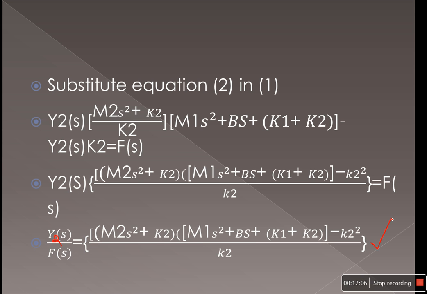After drawing that, identify the opposing forces and the applied forces. After that, apply Newton's second law: the sum of opposing forces equals the sum of applied forces. Take the Laplace transform, and according to our requirement substitute the equations, because finally we need the ratio of output to input. The output is the final displacement and the input is the applied force.